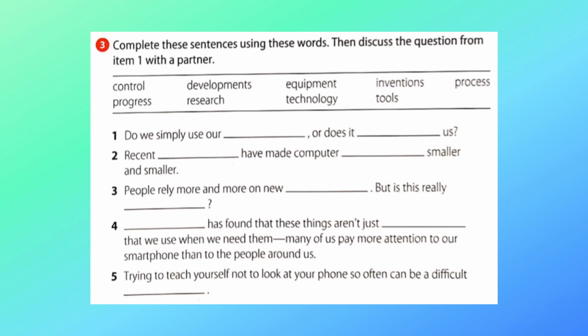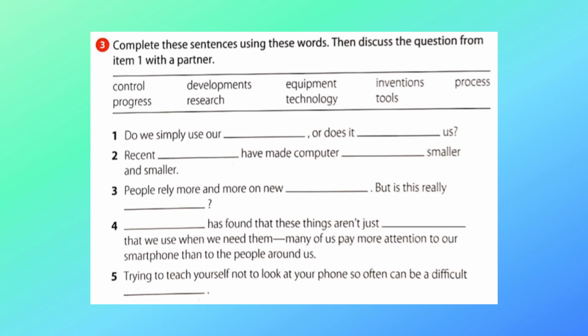Number 1. Do we simply use our blank, or does it blank us? Number 2. Recent blank have made computer blank smaller and smaller. Number 3. People rely more and more on new blank. But is this really blank? Number 4.